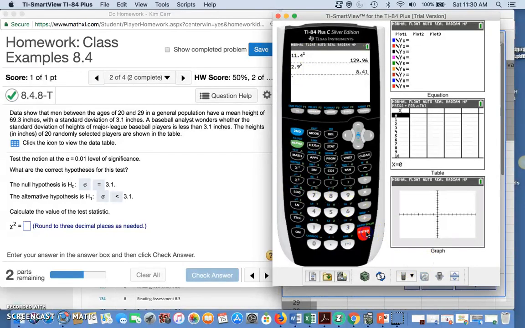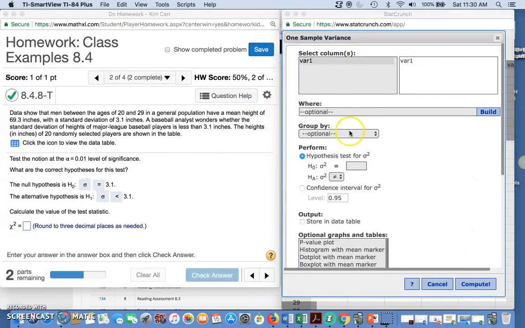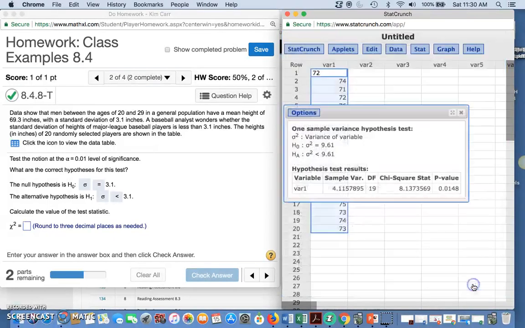Okay, what do we get? 9.61. So that's what we need to put in for the sigma squared. And remember, that is the variance. It is the standard deviation squared. And this time, we're testing less than.